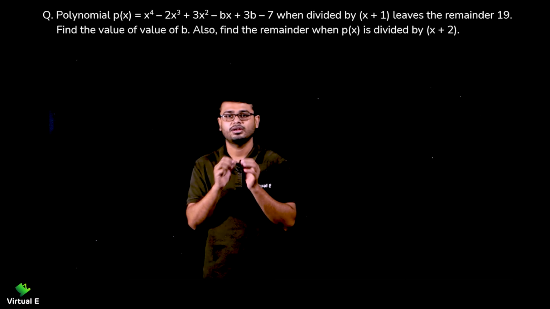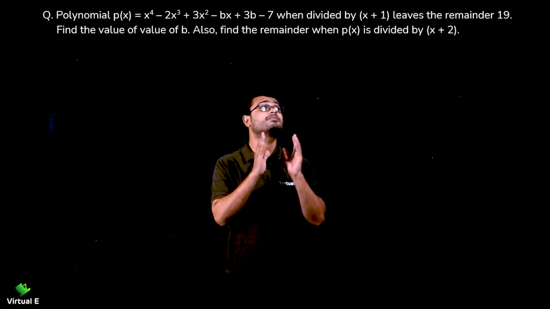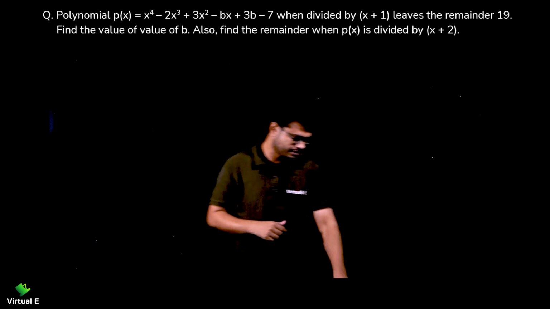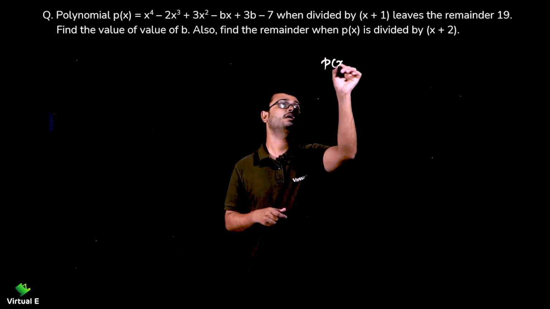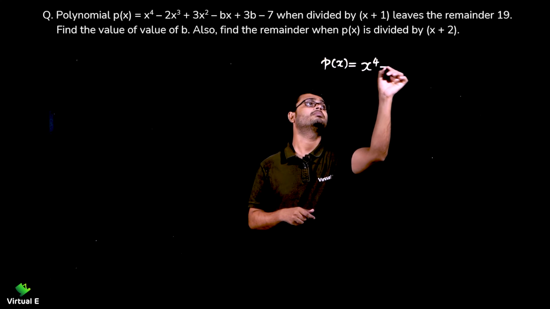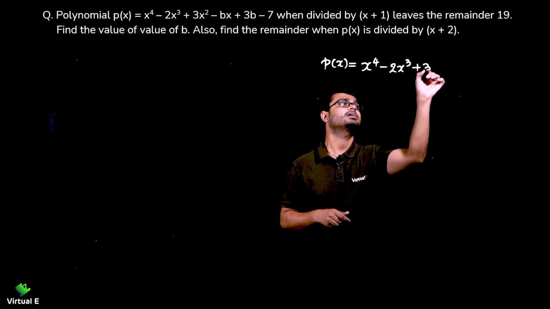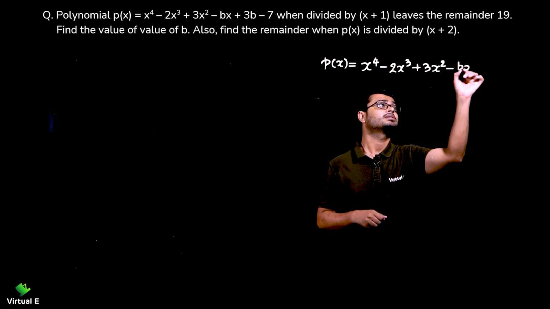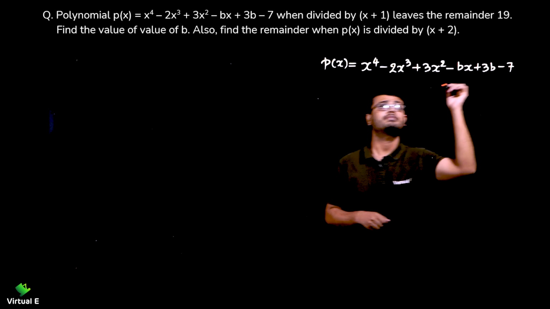So the question is very long, no worries. We are going to do it part-wise. So first of all, let's start with finding the value of the unknown b. So we have p(x) here, that p(x) is equal to x raised to 4 minus 2x cubed plus 3x square minus bx plus 3b minus 7.